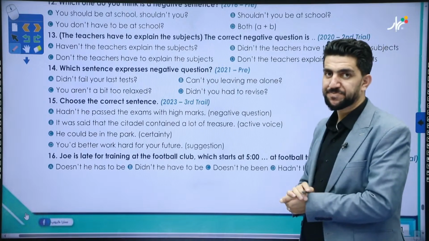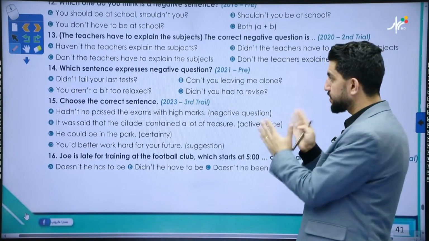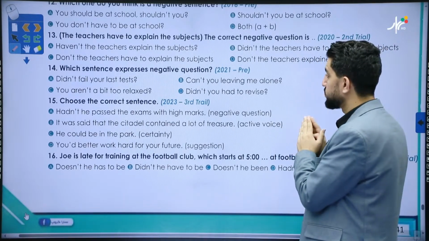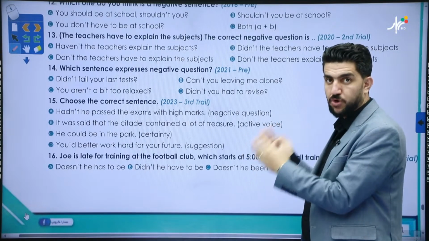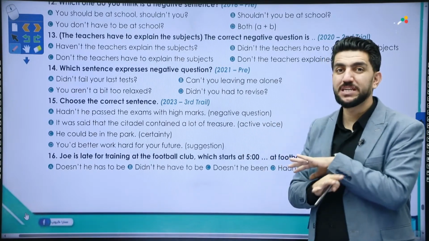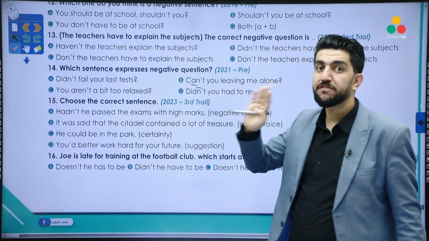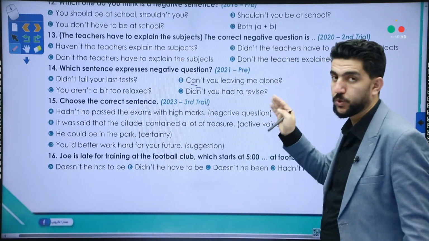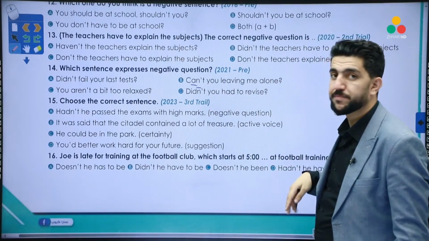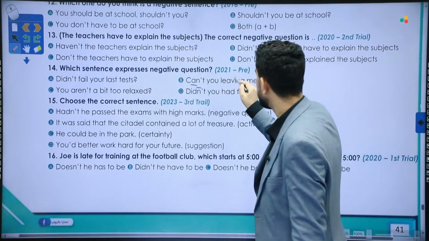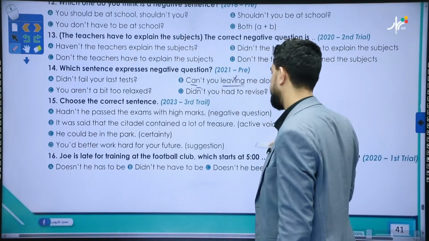Okay. I said, first of all, try to drop out the one which is completely wrong. With modal verbs, we never use ing. They're always followed by infinitive. So that means this is wrong.